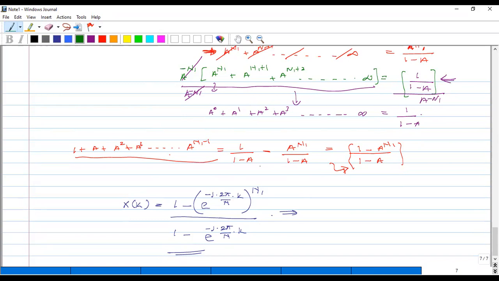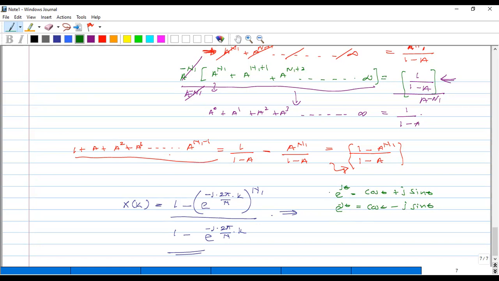We have e^(jθ), and we can write it as cos θ + j sin θ. Here you will have e^(-jθ), which is cos θ minus j sin θ.